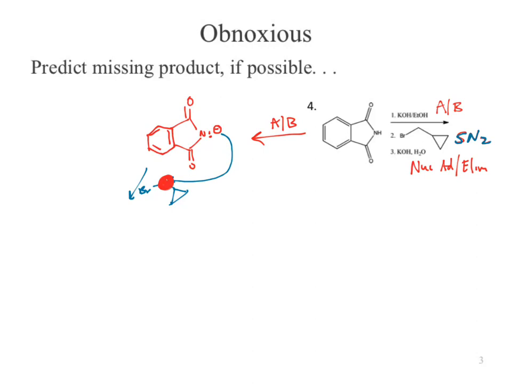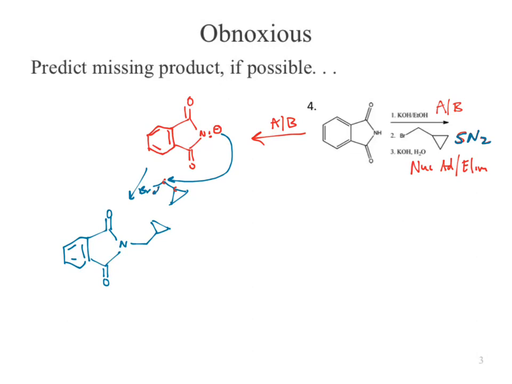It's a primary carbon. Okay, that carbon is only connected to one other carbon. Primary substrates favor SN2. Right? Cool, we neutralize that negative.